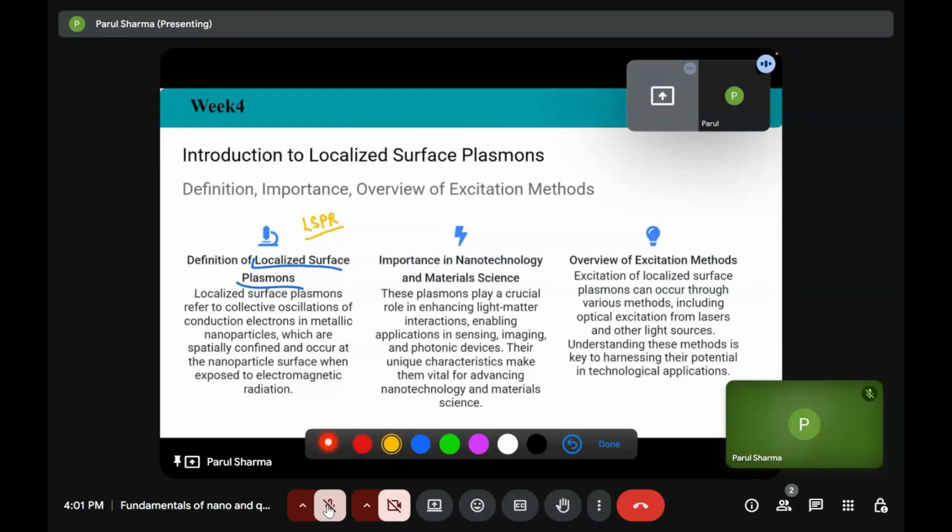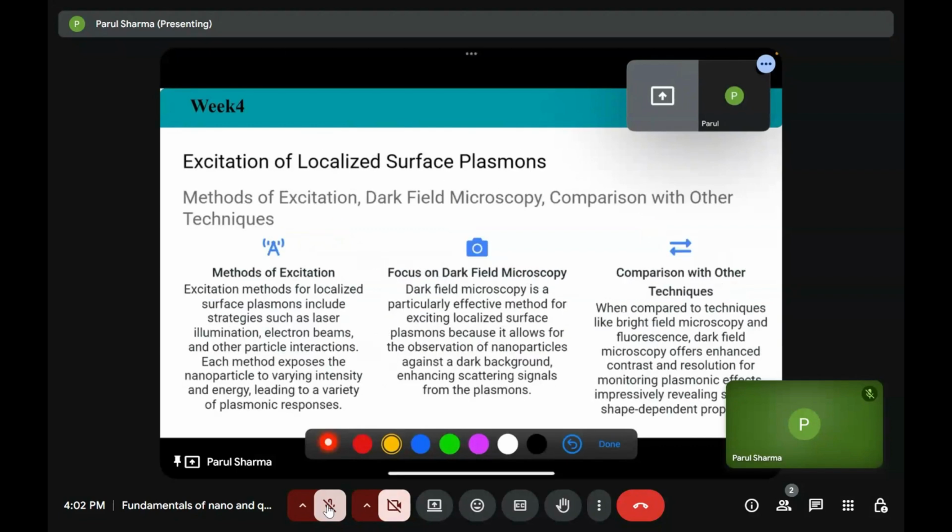So, next we will overview the excitation methods. Excitation of localized surface plasmons can occur through various methods, including optical excitation from lasers and other light sources. If we understand these methods, these are the key points to harness their potential in technical applications. Next is methods of excitation, with field microscopy comparison with other techniques.